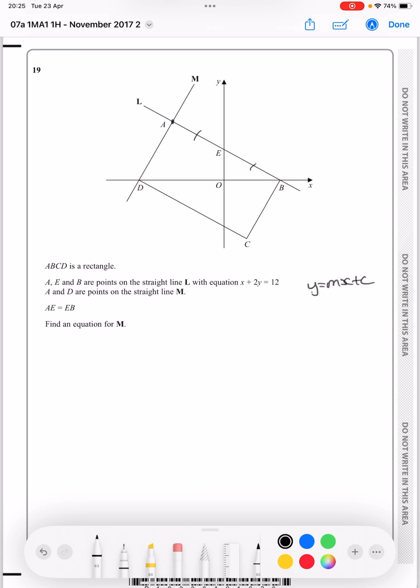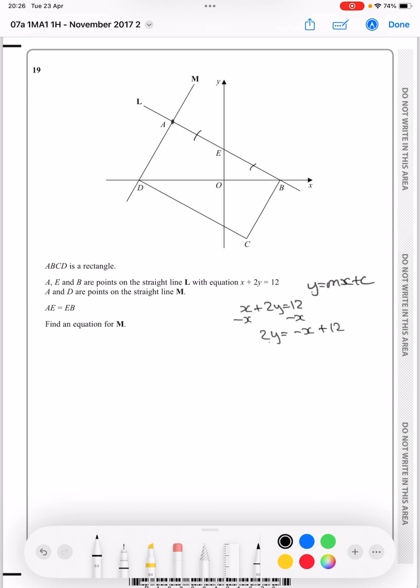So I'm looking at L, which is x plus 2y equals 12. And I'm going to make it into this form so that I can get its equation, which will help me with the perpendicular. First of all, I've got my 2y. I'm going to take my x, which means that 2y equals minus x plus 12.